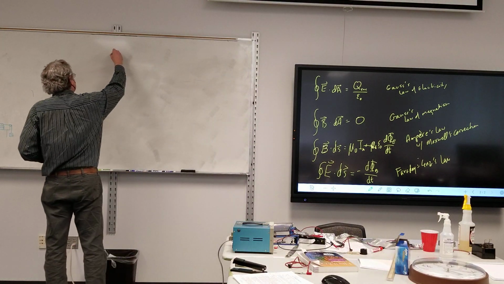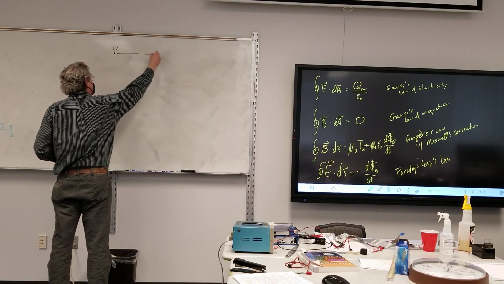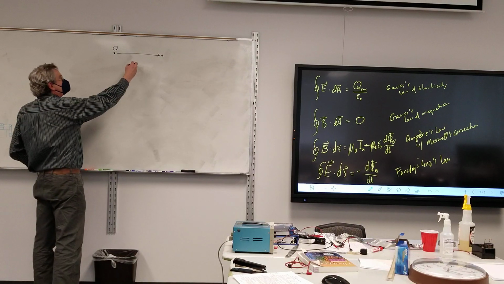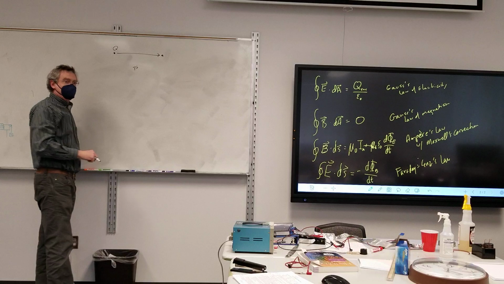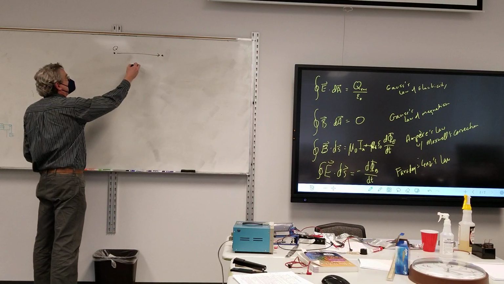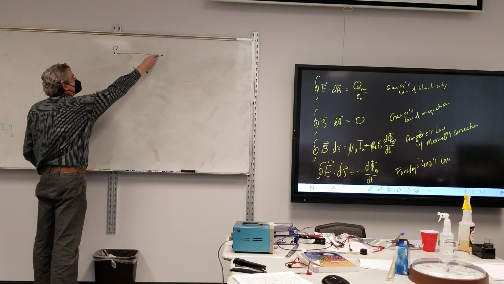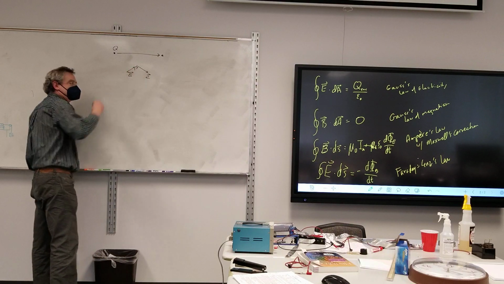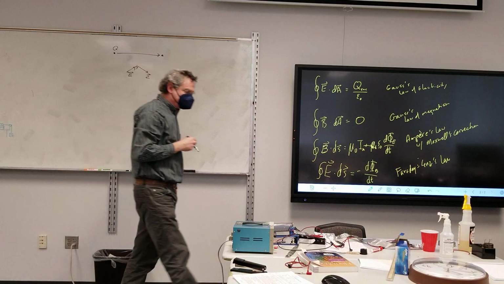I have some charge Q that I'm going to move over to here. So imagine that you are at some point P here, and you're looking at that electric field. The electric field is going in that direction, and then by the time the charge gets over here, the electric field is going that way. My electric field changes.